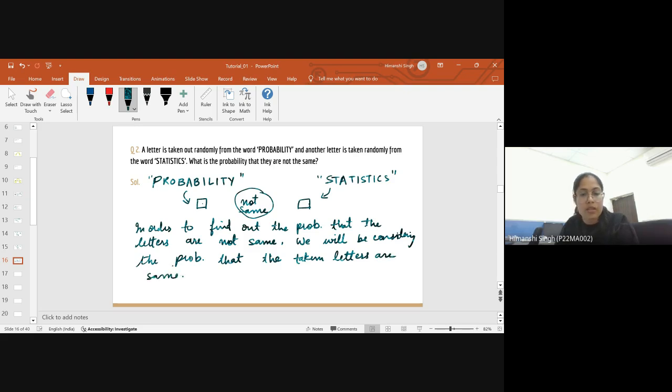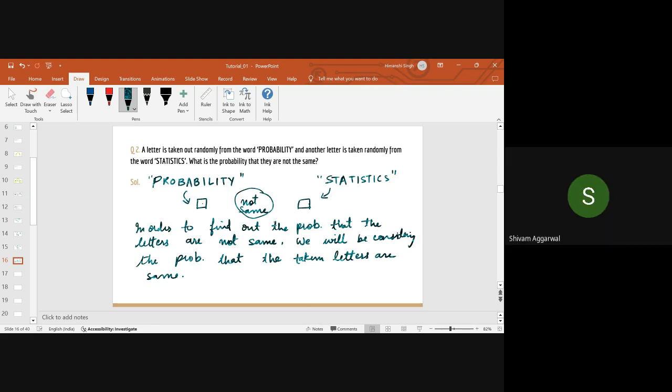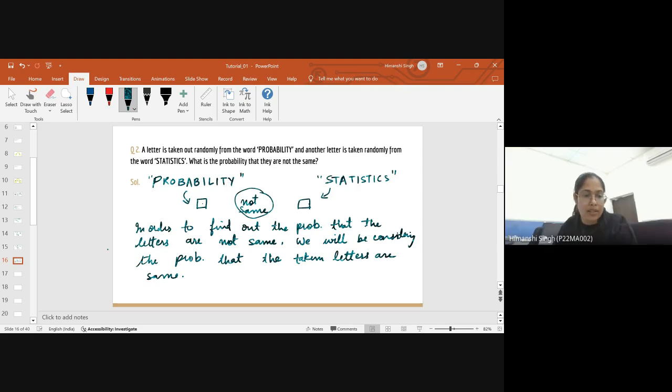So in probability and statistics, what are the letters which are the same? In probability there is P, which is not in statistics; R is not in statistics. Basically A, I and T are the same.